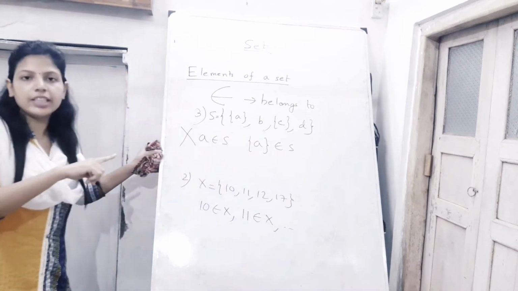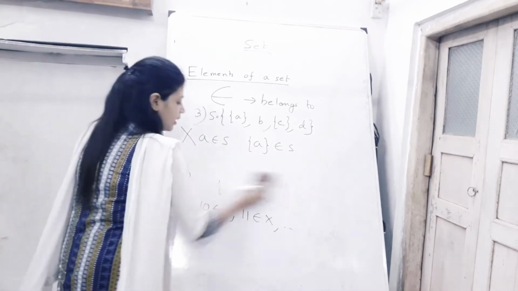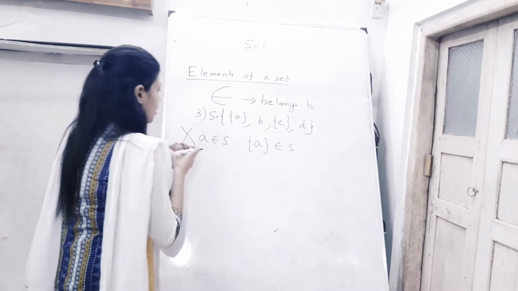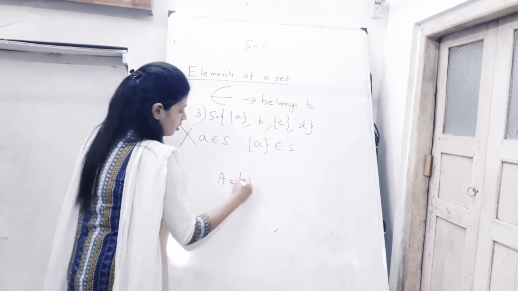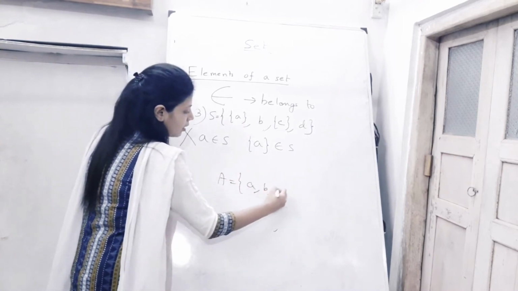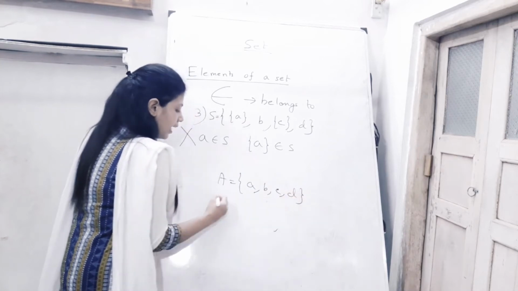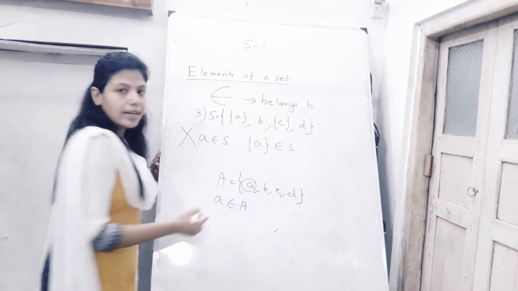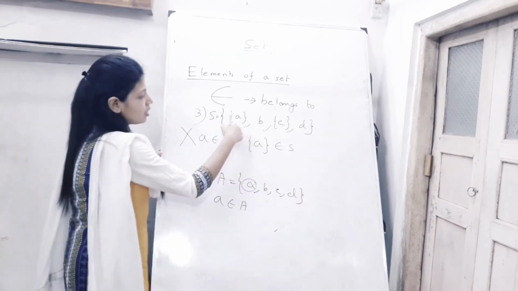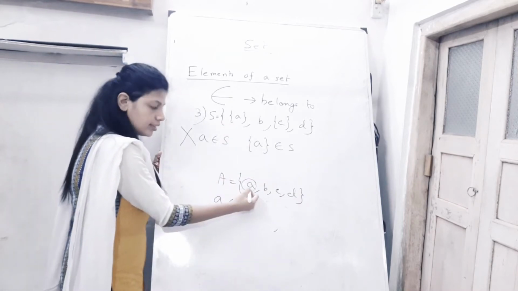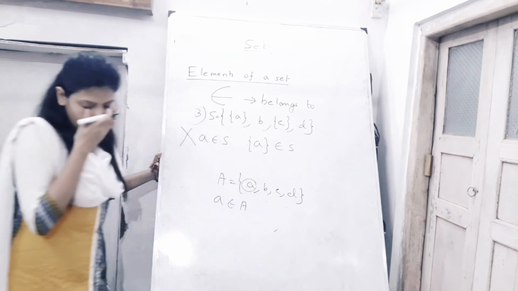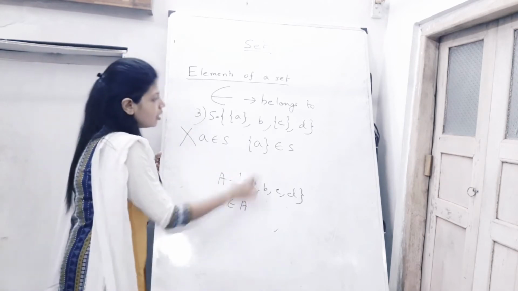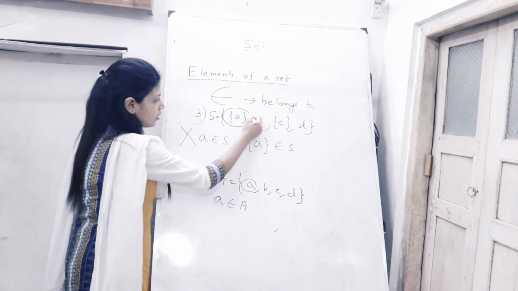Whenever I have written only A, B, C, D, means if I take the set A, B, C, D, then I can write A belongs to A, because A is the element. But here A is not an element because it is just an alphabet. Sorry, it is not a set, but this one is a set.